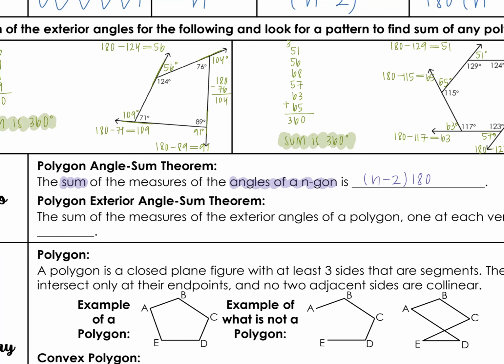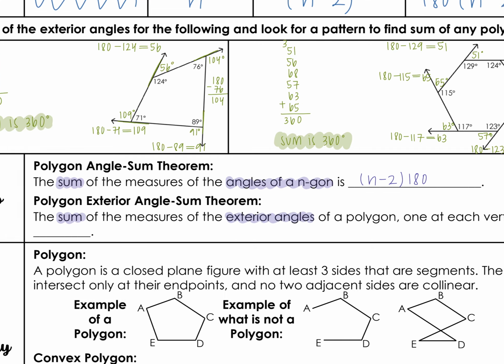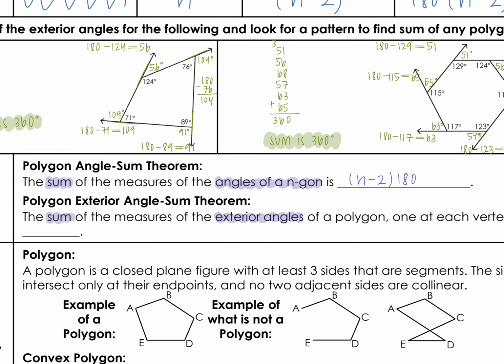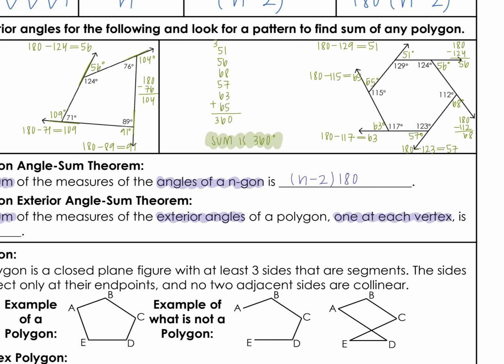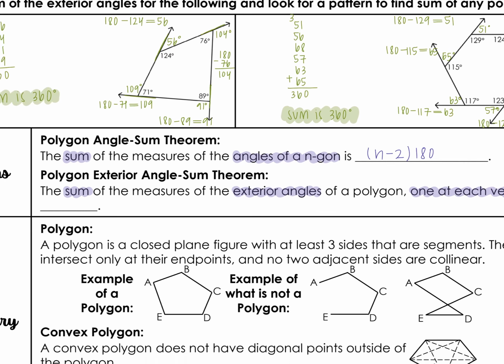Then for the polygon exterior angle sum theorem, we have that the sum of the measures of the exterior angles of a polygon, one at each vertex, is going to be 360 degrees.